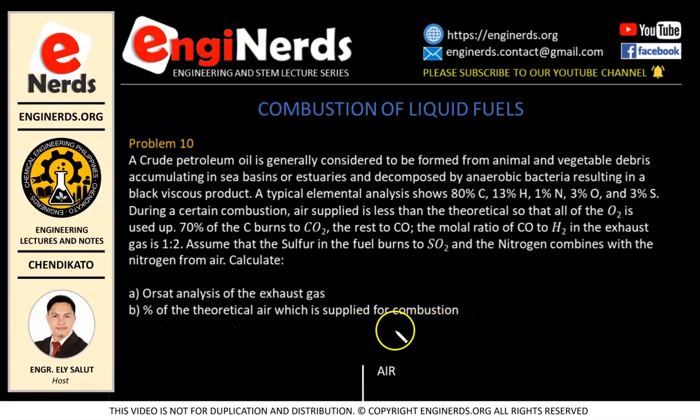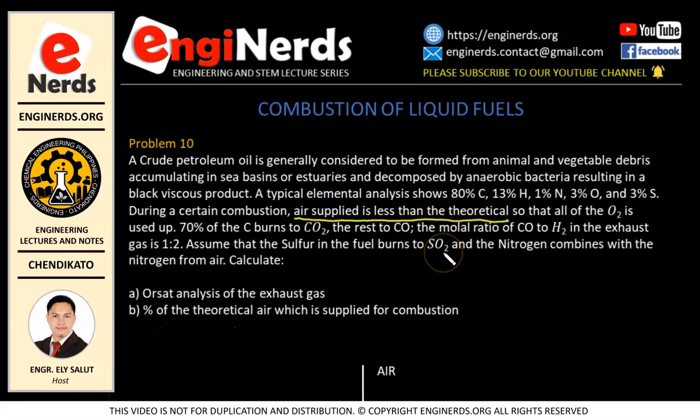Alright, so there are things that I would like to highlight in this problem that we should be aware of before we proceed. As you can see, it is stated that the air supplied is less than the theoretical.